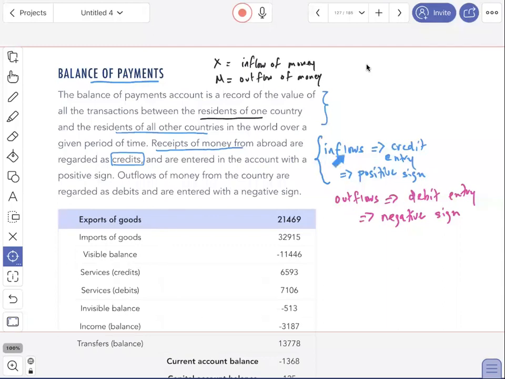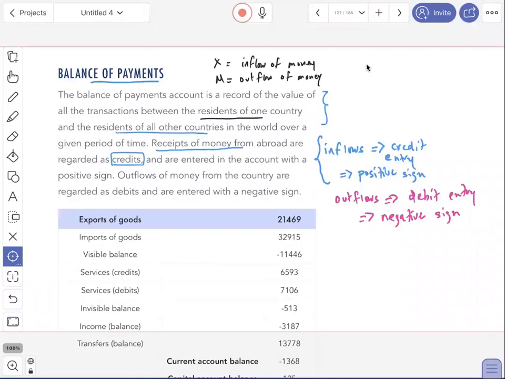Any inflow that happens in a country would be a credit entry, while any outflow would be a debit entry. So credit entry for inflow, debit entry for outflow. Inflows are recorded with a positive sign, and outflows are recorded with a negative sign.